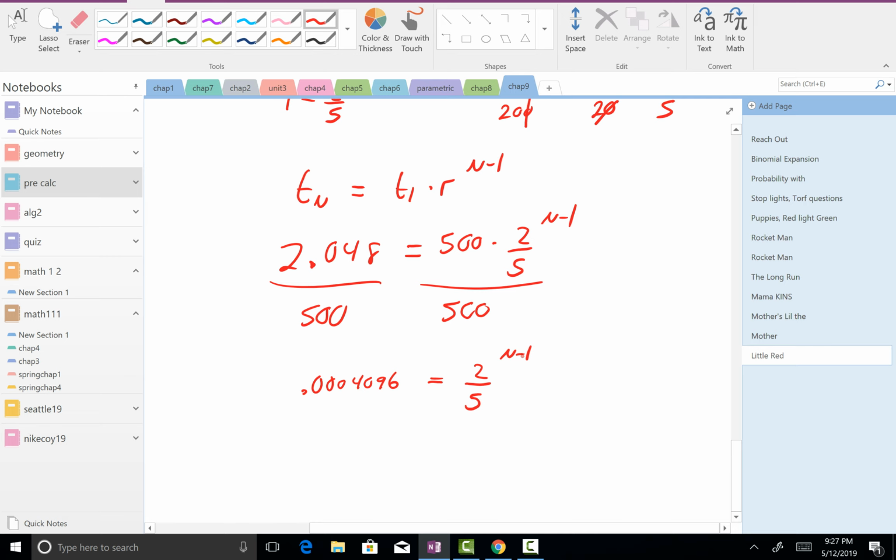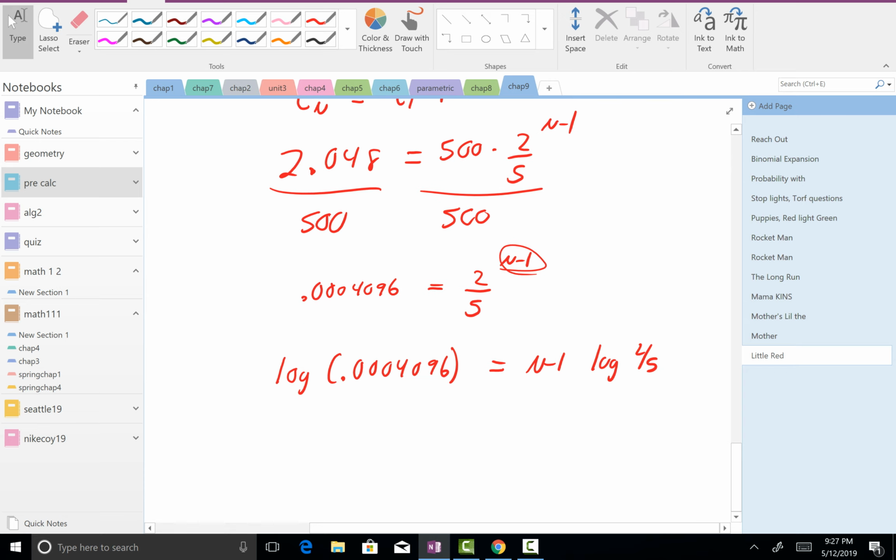But here's what we got: since we have a variable in the exponent, we can just use a logarithm on this, and it will work out pretty nice for us. Take the log of both sides. That's going to pop out.